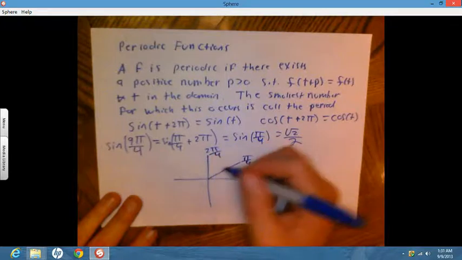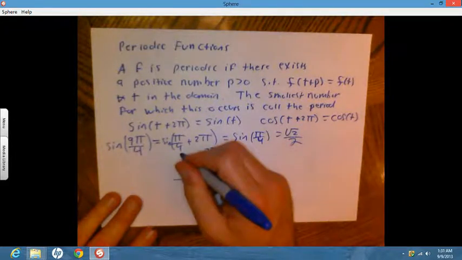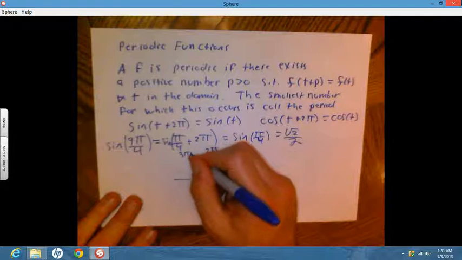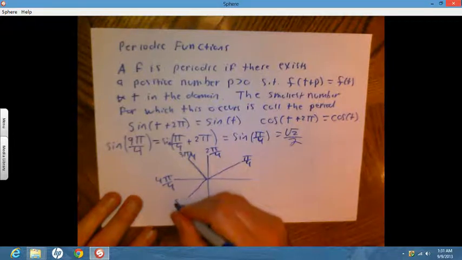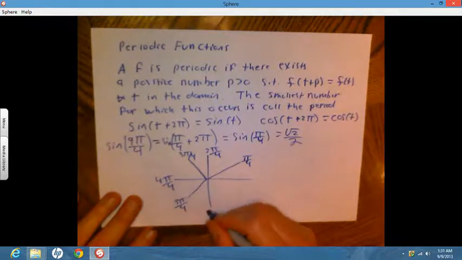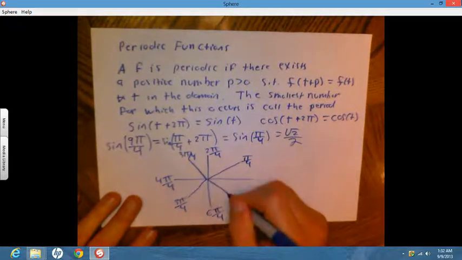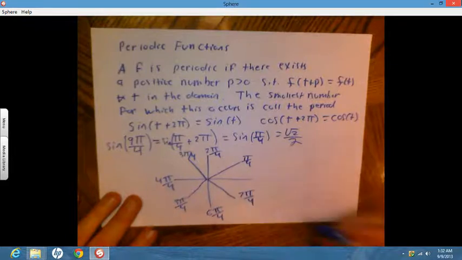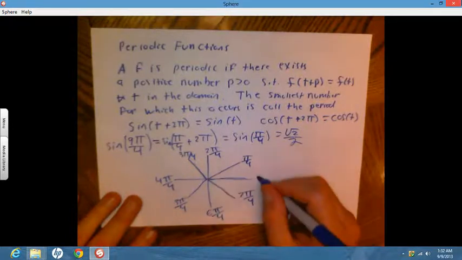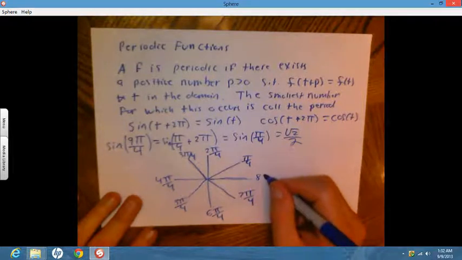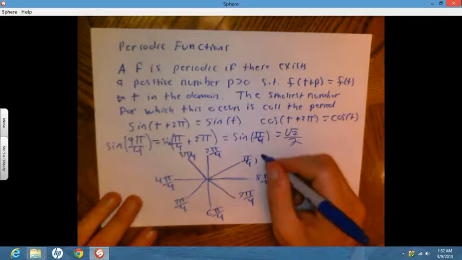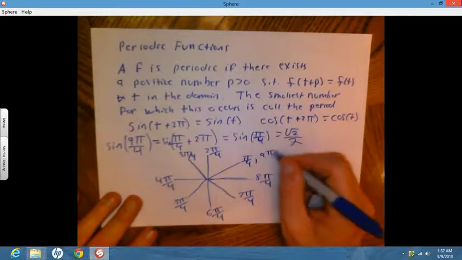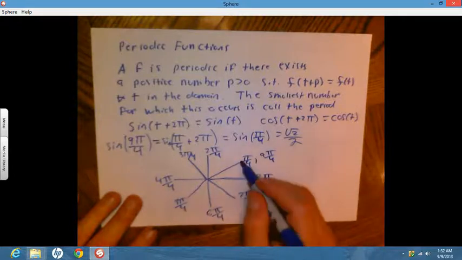Then 3 pi over 4 radians, 4 pi over 4 radians, which is just pi, 5 pi over 4 radians, 6 pi over 4 radians, which is 3 pi over 2, 7 pi over 4 radians, 8 pi over 4 radians, which is 2 pi, and then we've gone around and we're up to 9 pi over 4 radians. So basically we've just gone around the circle once, and remember all that matters is the terminal side for the trig functions, and we stopped at the same place.